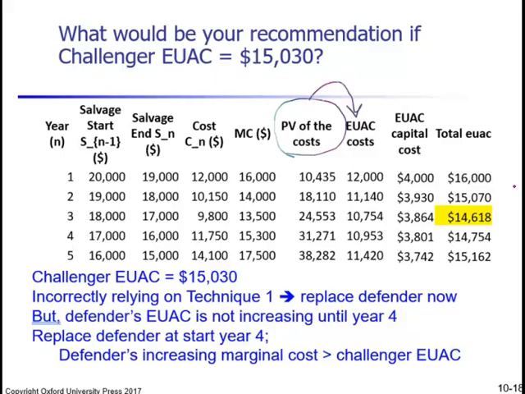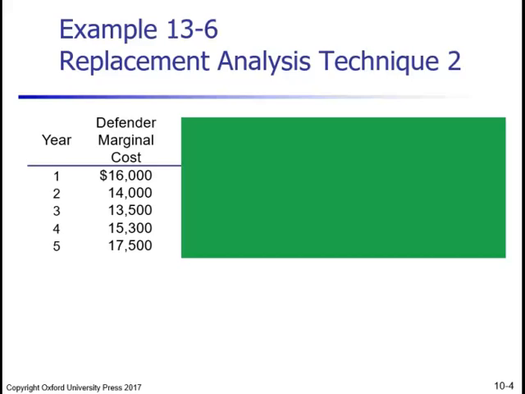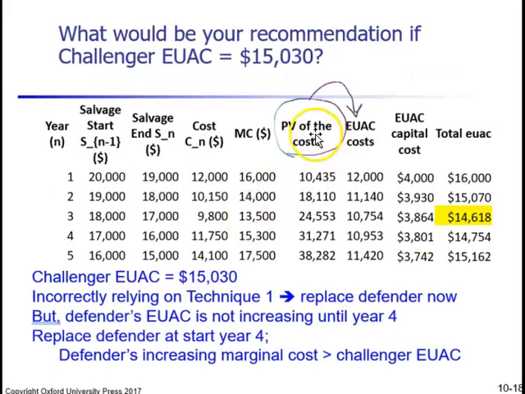And also we needed to calculate EUAC of capital cost, the salvage value at the beginning and at the end of the period. We have discussed all these things, but I'm just giving you a better context that when in this question it is asking you, no, you shouldn't calculate any of these things.